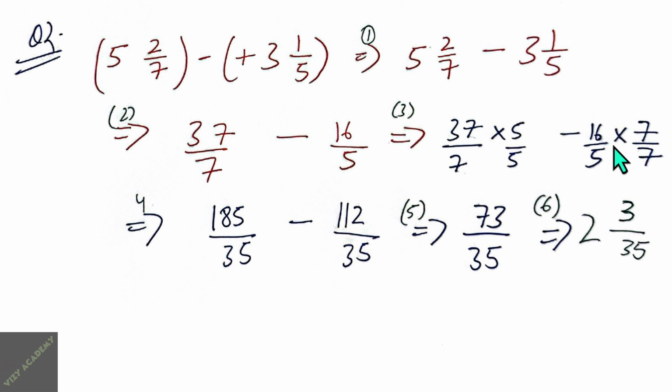And on the other side, 16 times 7 and 5 times 7. We will get 185 over 35 minus 112 over 35. On subtraction, we are getting 73 over 35. By long division, we get quotient as 2, remainder as 3 and divisor as 35. So 2 3 by 35.